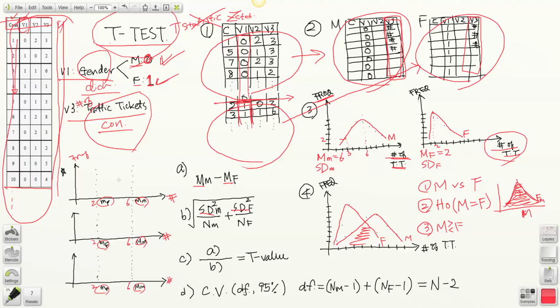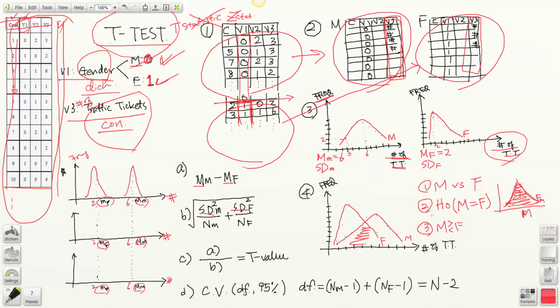scenarios. Now, the first scenario has a frequency distribution of number of traffic tickets for female subsample like this. And the distribution for male subsample is like this. In this particular scenario, you don't even have to run t-test. It is plain to see that there is a distinctive difference between male and female subsample in terms of number of traffic tickets.